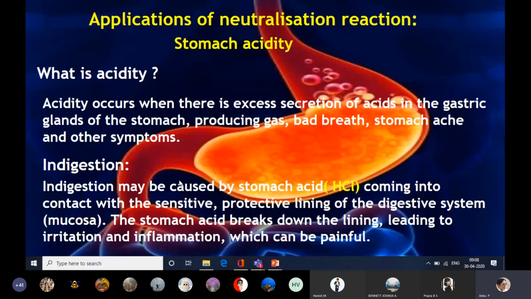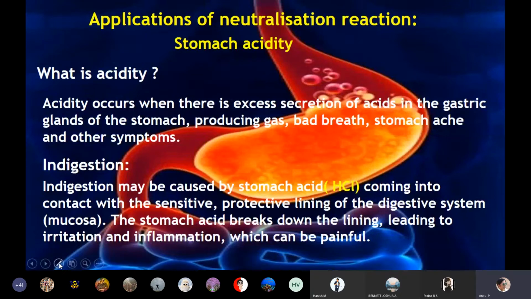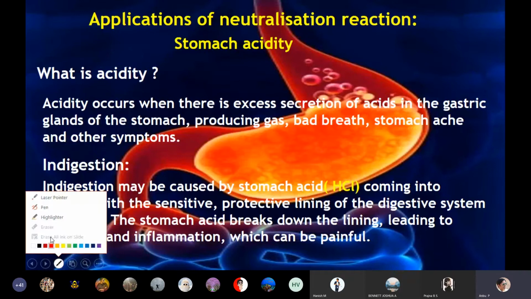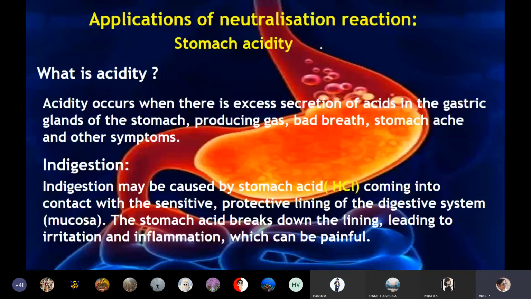and the inner lining of the stomach helps in the secretion of dilute hydrochloric acid. If you look at this inner lining of the stomach, it helps in the secretion of dilute hydrochloric acid to prevent the acidic effect on our stomach.